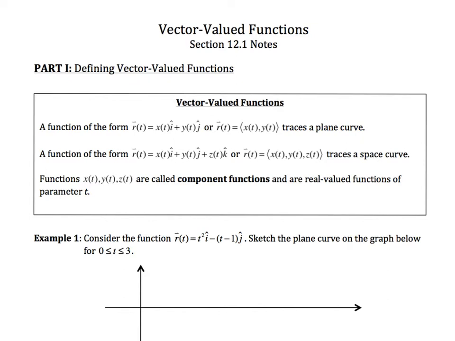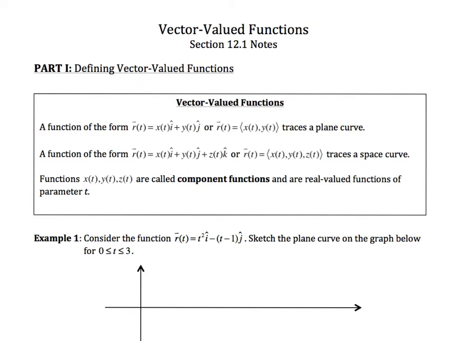So notice a function of the form r of t, right? And that's got the arrow over it because it is a vector. And notice what we have going on here, right? We've got each of our unit vectors, i and j, horizontal component of the vector and vertical component of the vector, respectively.